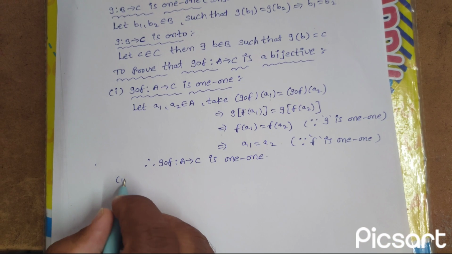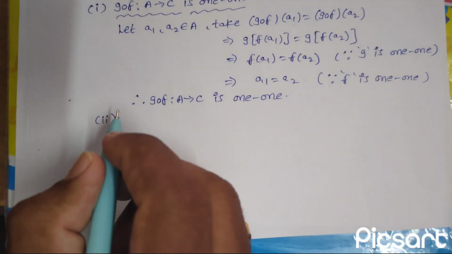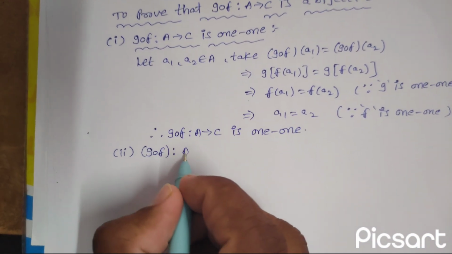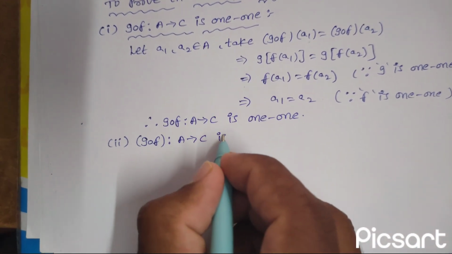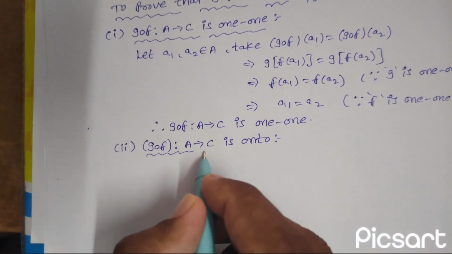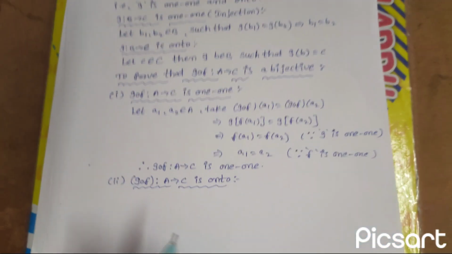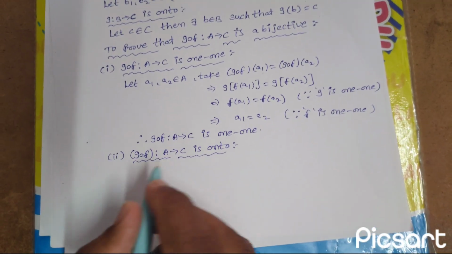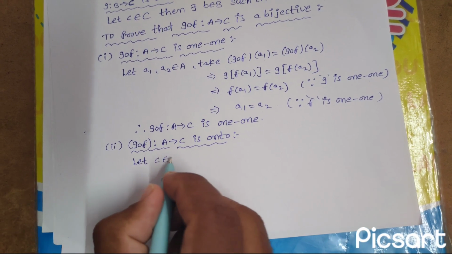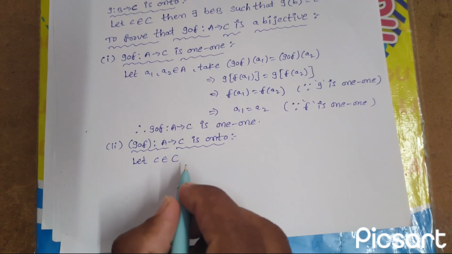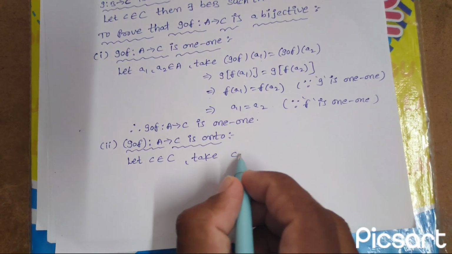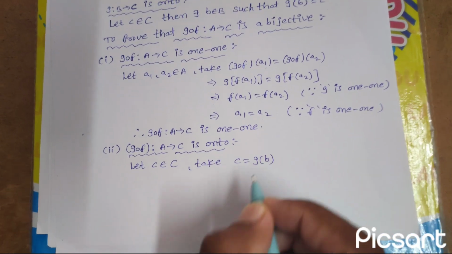Next we prove that g circle f from capital A to C is onto, that means surjection. In this codomain, take one element, small c belongs to capital C. Take small c is equal to g of b.